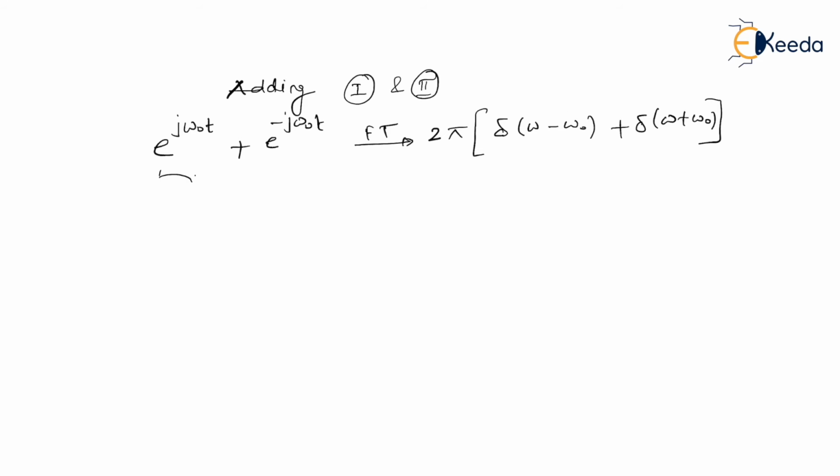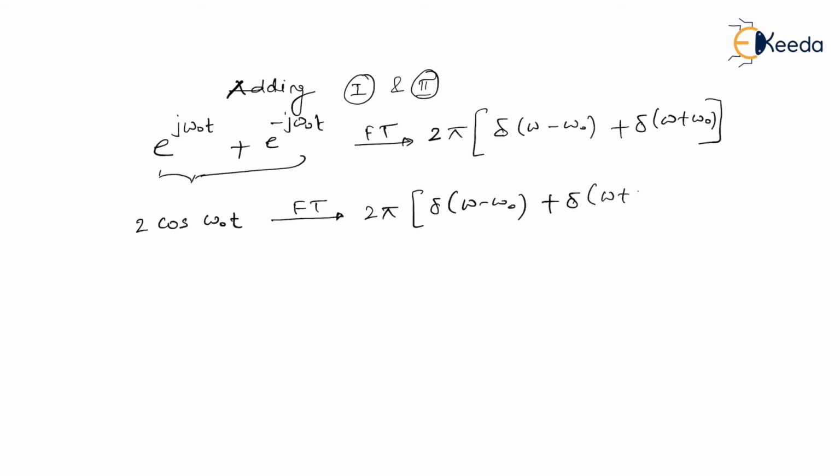In fact, again by using Euler's formula, e to the power j theta plus e to the power minus j theta is twice of cos theta. So I can write this as twice of cos of omega naught t has a Fourier transform as 2 pi del of omega minus omega naught plus del of omega plus omega naught.